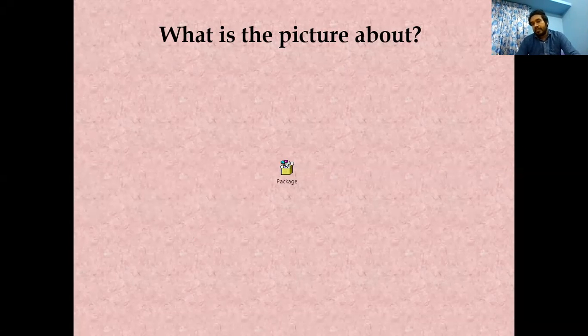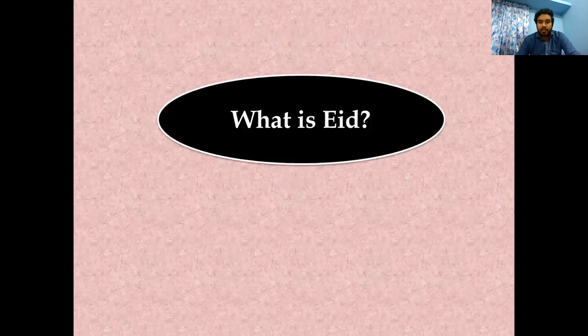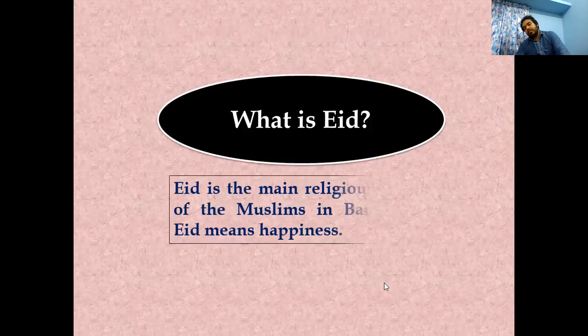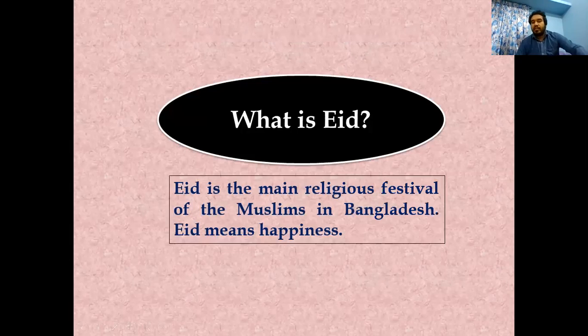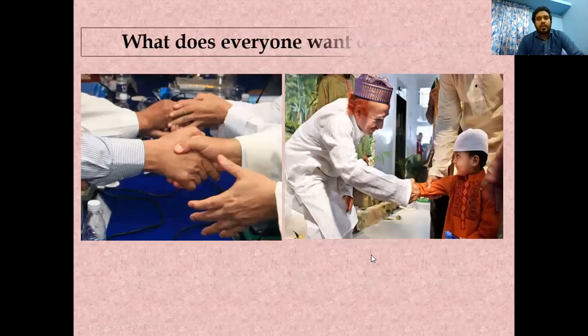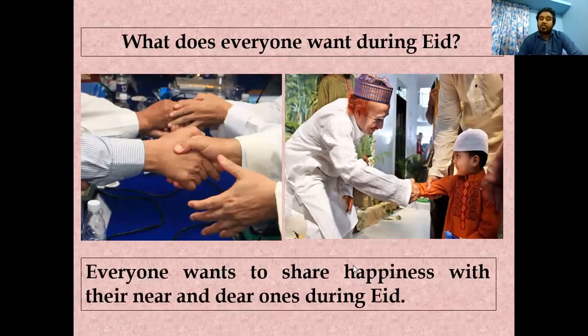Actually, what is it? This is my question. You can see the definition of Eid. Eid is the main religious festival of the Muslims in Bangladesh. Eid means happiness. What does everyone want during Eid? Everyone wants to share happiness with their near and dear ones during Eid.